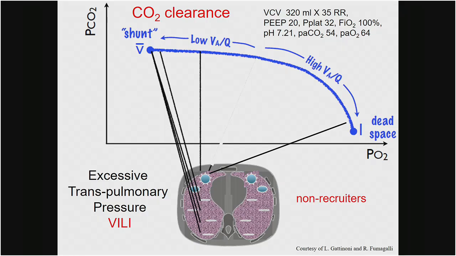So that's why in certain conditions, especially in patients that are not recruitable, or if we apply excessive pressure to the lung, the major issue in patients with ARDS may not be really hypoxemia, but CO2 clearance or dead space. And this is the pathophysiological basis that drove that study showing that dead space fraction is correlated to survival in these patients. Next, please.